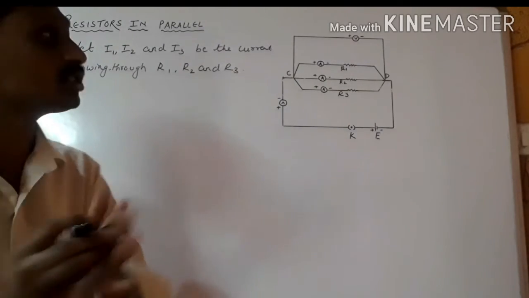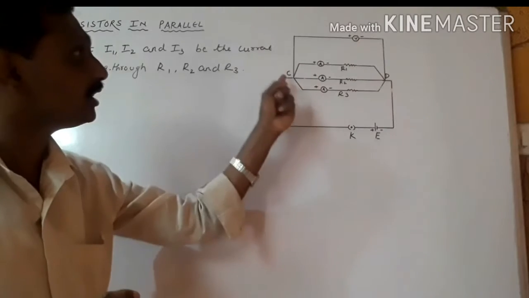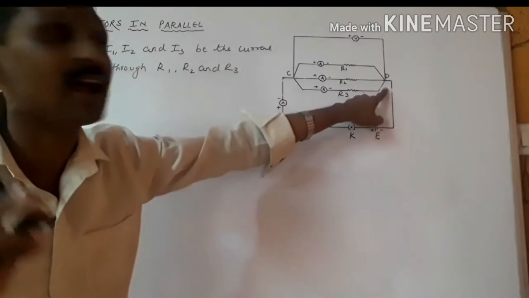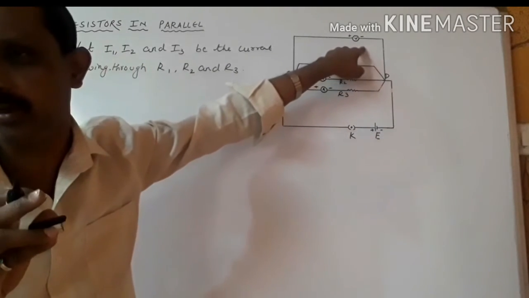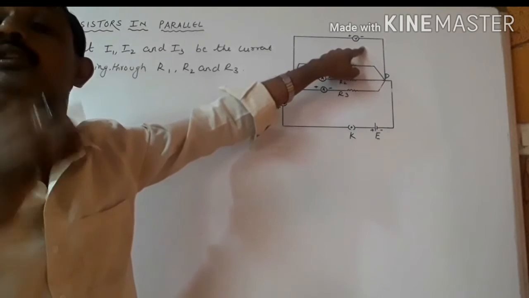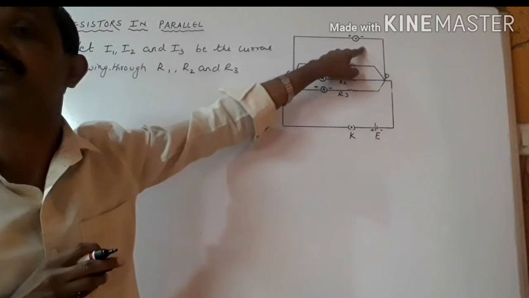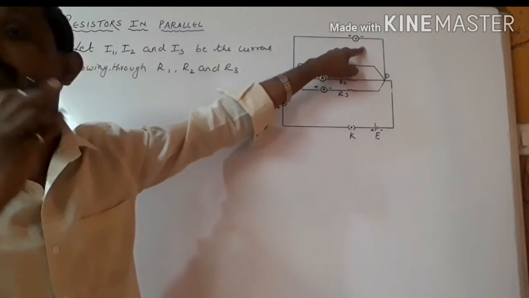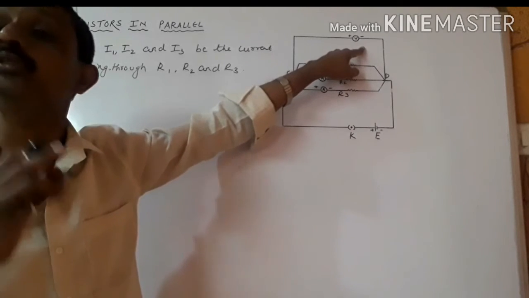Now here the potential difference, that is the voltage across points C and D, will be V. So what will be the total current flowing through the circuit?